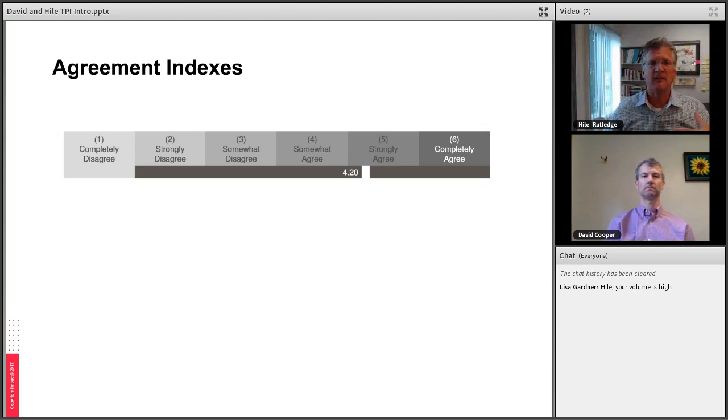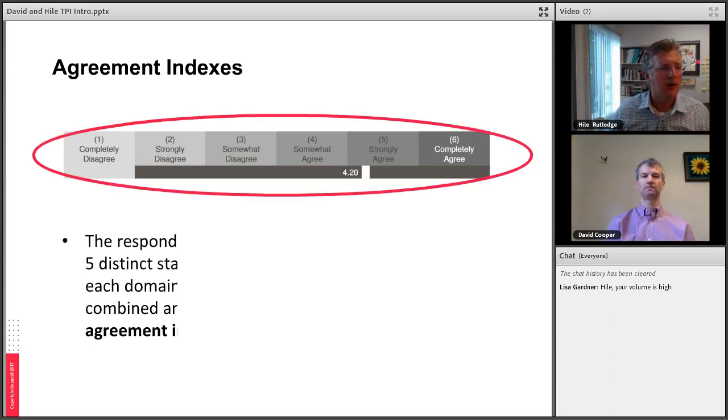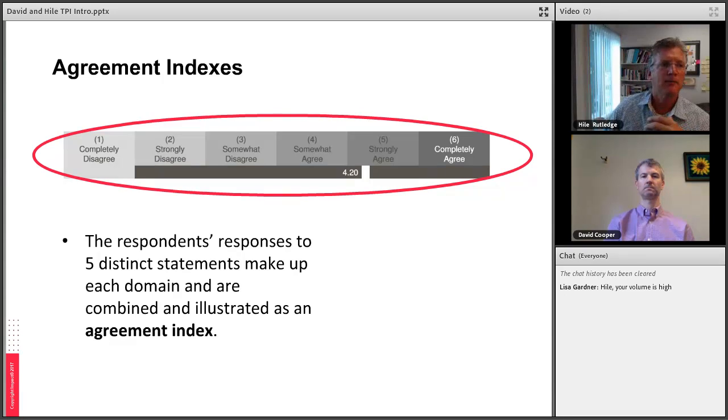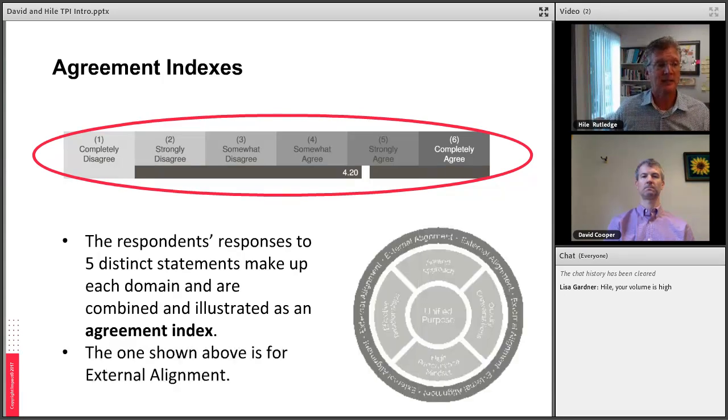Are those statements something they totally disagree with, completely agree with, or somewhere in the middle? All of those things come together to make up this overall agreement index. This one happens to be for external alignment. The respondents all react to 5 different items, and they are all averaged together, and here we get to see where everyone's thought is, collectively, on external alignment or unified purpose.